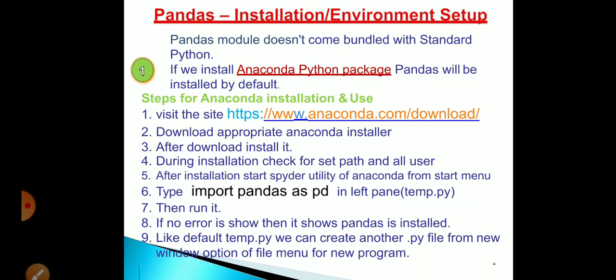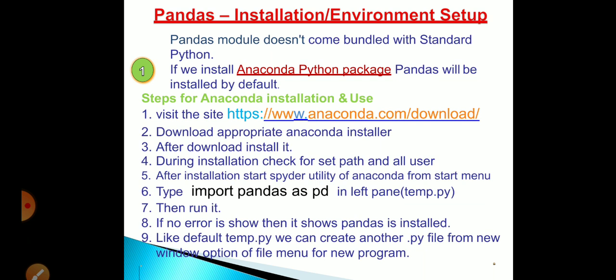After downloading, during the installation you need to set the path for all users. You don't need to set the path for only me, you have to set the path for all users. The installation will also take some time because it is a large file. It will take 4 to 5 GB in your system, so you have to wait.